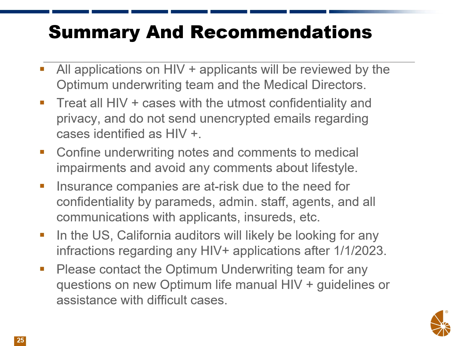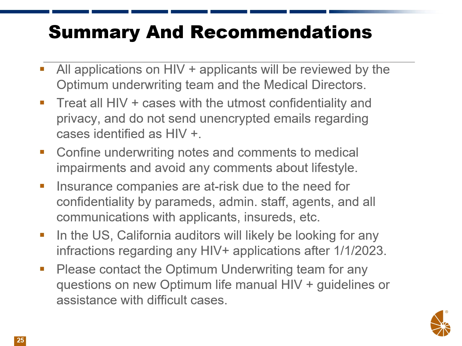We confine underwriting notes and comments to medical impairments and avoid any comments about lifestyle. Insurance companies are at risk due to the need for confidentiality by all the other people participating in the application process, including paramedics, admin staff, agents, and all communications with applicants, insureds, etc.